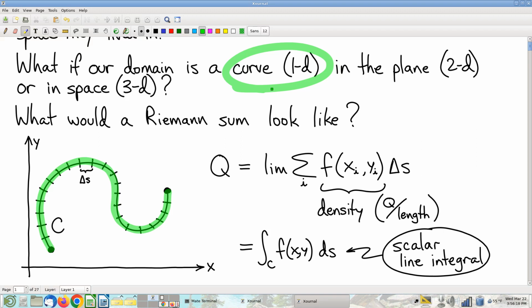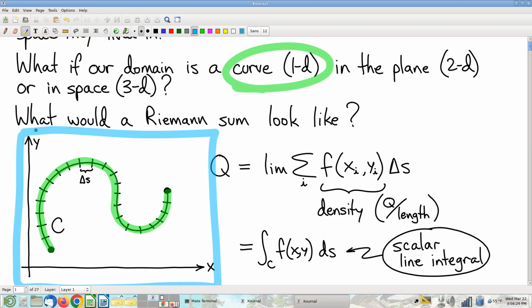It's a curve. Length is the only notion of size that I can talk about on that curve. But it lives in a two-dimensional world. And we have never seen anything like this before. Double integrals, nope. Triple integrals, certainly not. Single variable integrals are on an interval, not on a curve.